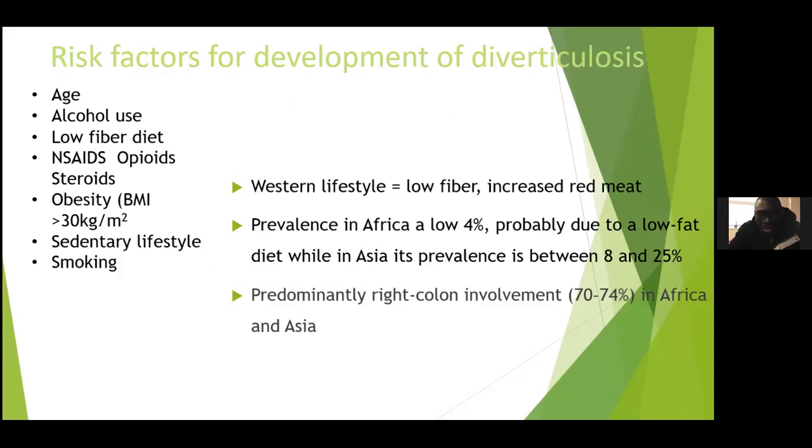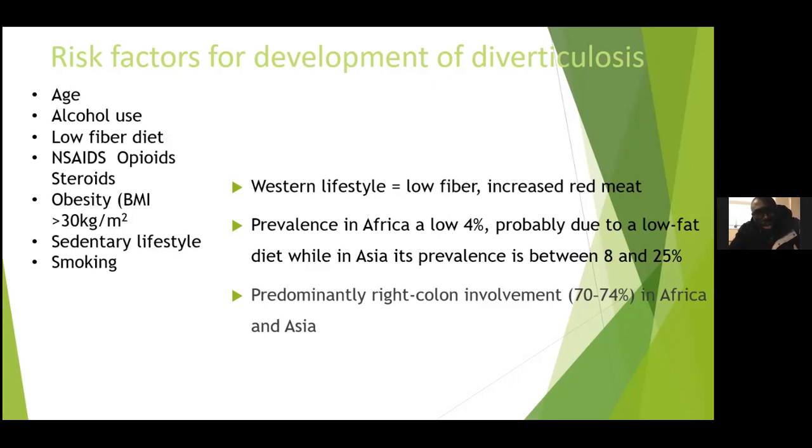Over the years, it was initially said that diverticular disease was not common among Africans, but right now, studies are showing that it is actually common. I think it's because of the change in lifestyle among Africans towards the Western pattern. Therefore, in Western life, a low fiber diet with increased red meat is a big risk factor.